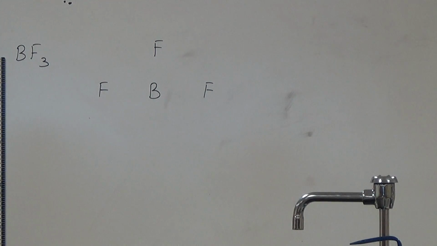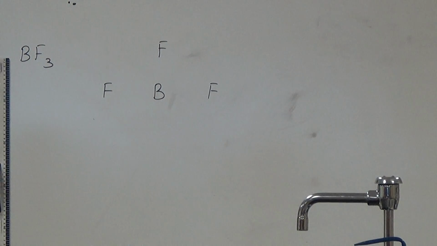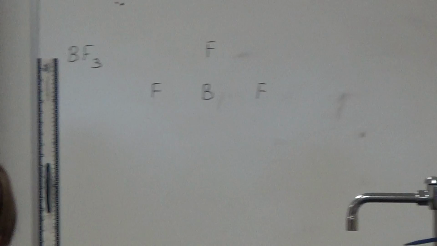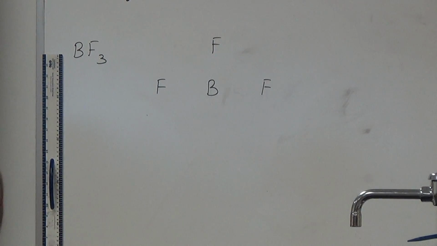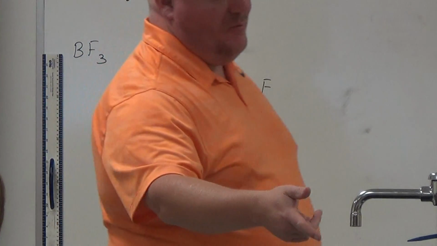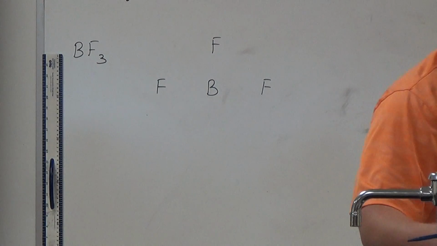How many valence electrons does boron have? 3. How many does each fluorine have? 7. So 7 times 3 is 21, plus 3 from boron is 24. So how many pairs is that?